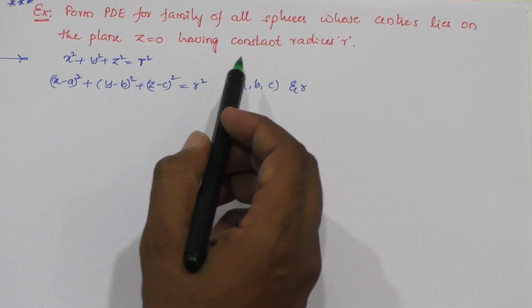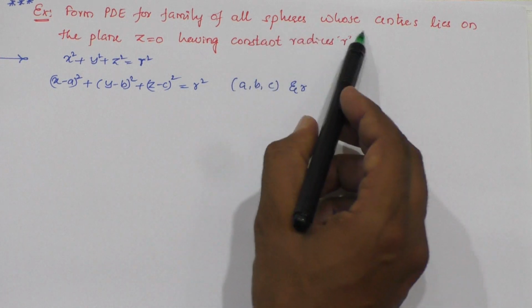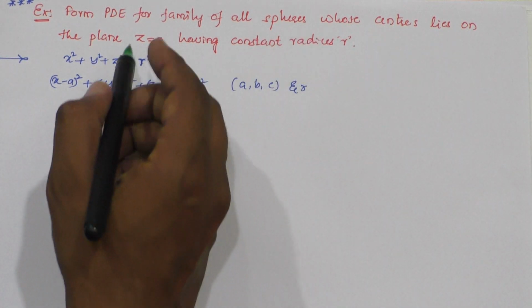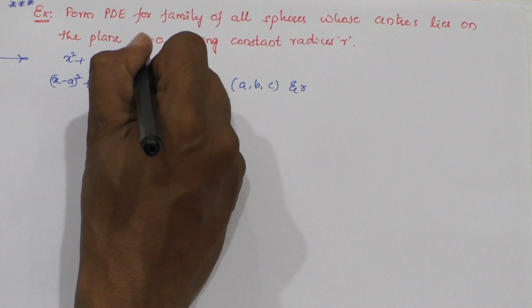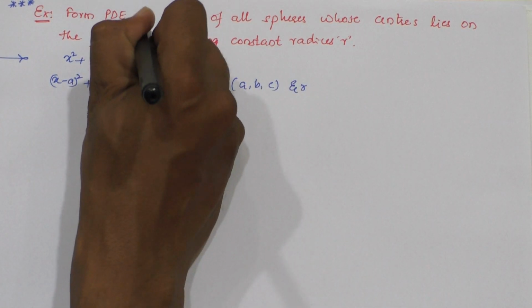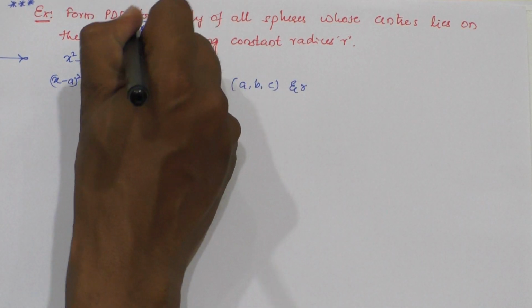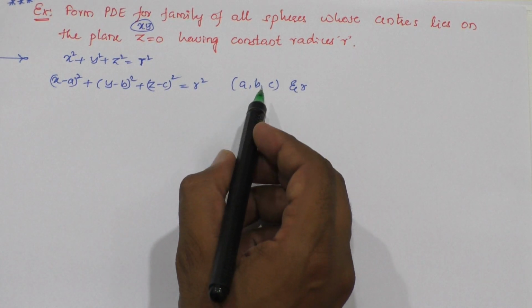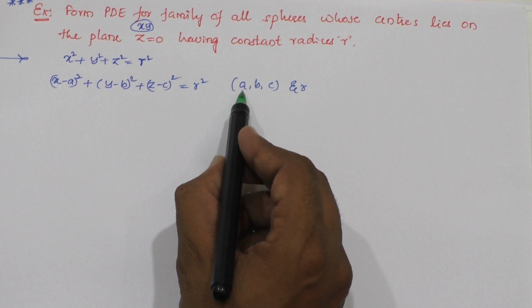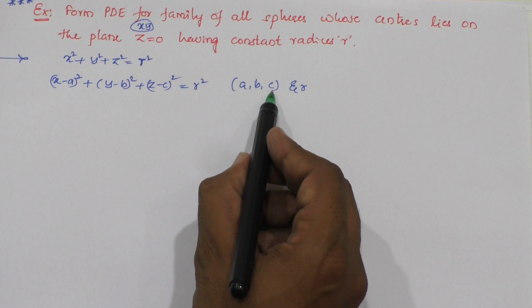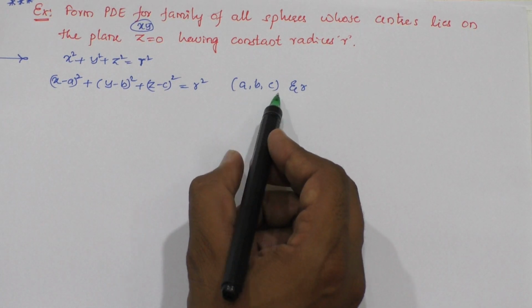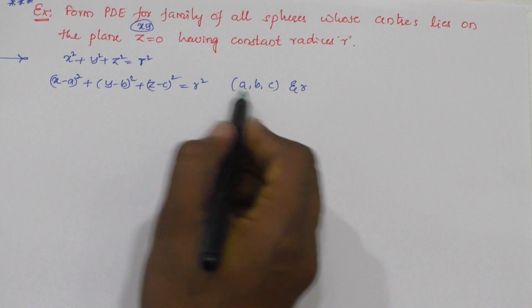But here it has been given that the family of all spheres whose centers lie on the plane z equal to 0. z equal to 0 means that is the xy plane. So on the xy plane only the x coordinate and y coordinate will be non-zero and the z coordinate will be 0. So here c will be 0.